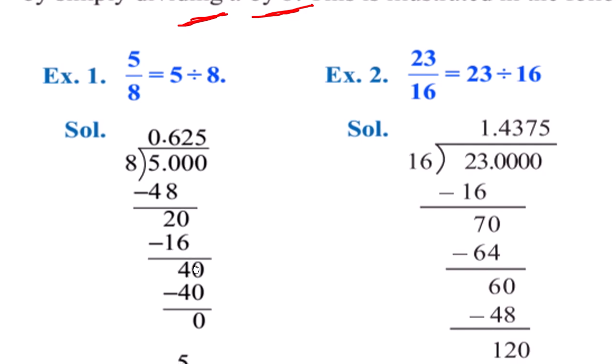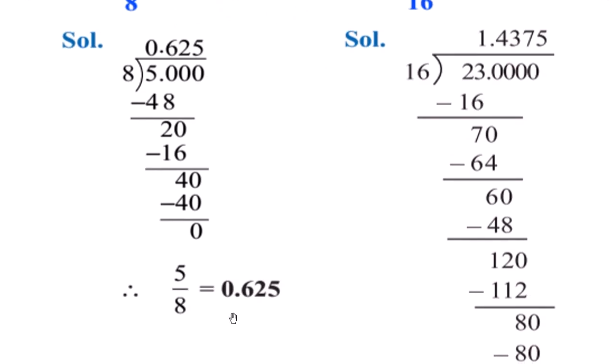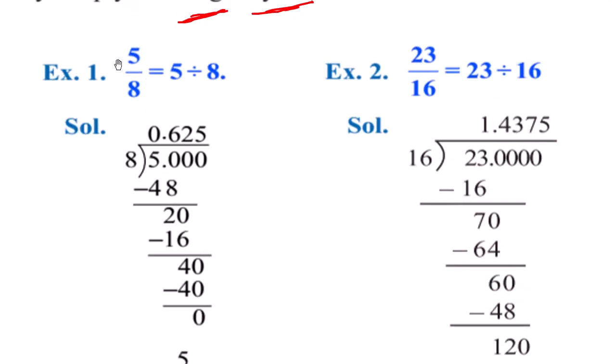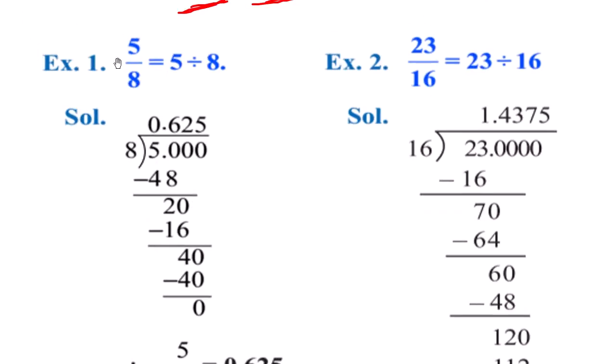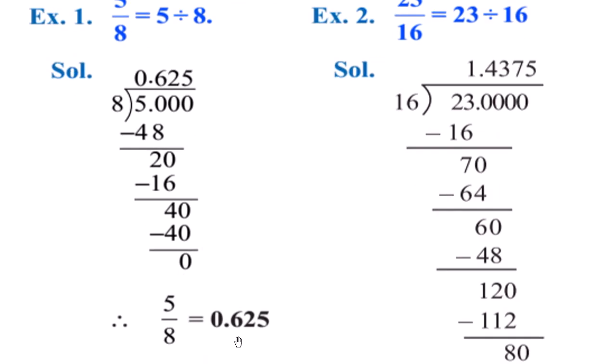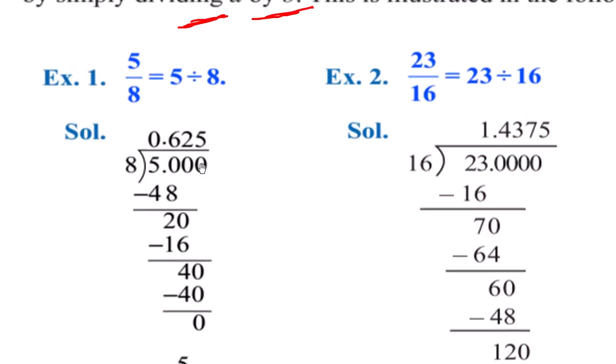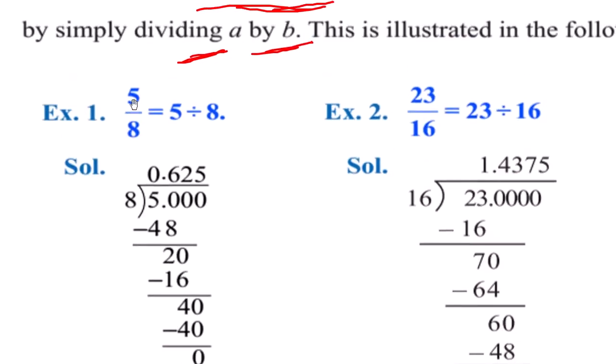Next digit 0. 8 5 times 40. So what is the answer? 0.625. So 5 by 8 is a rational number, and 0.625 is a decimal number. A rational number can be represented as a decimal number by dividing the numerator with the denominator.